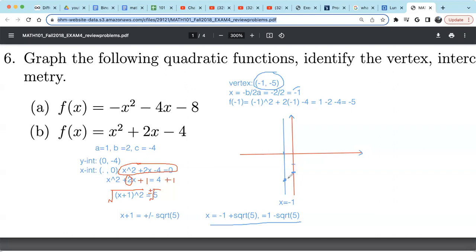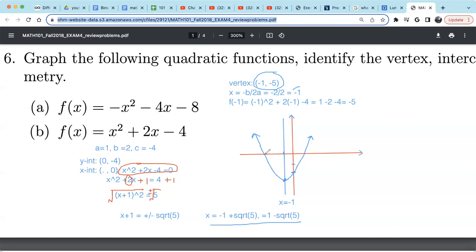That's our vertex. And then we know our graph has to cross our y-intercept, so it must go this way. Then we have this line of symmetry, and we just draw the other half, trying to draw with perfect symmetry. Symmetry means you can fold the right half to the left half and they overlap.